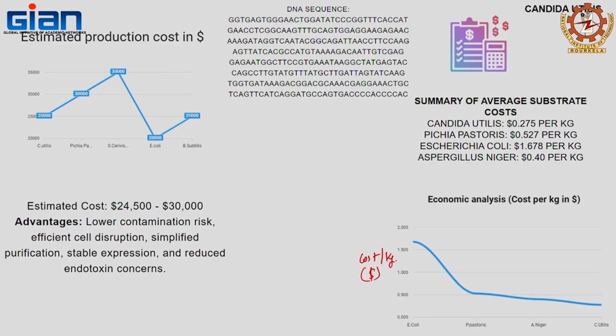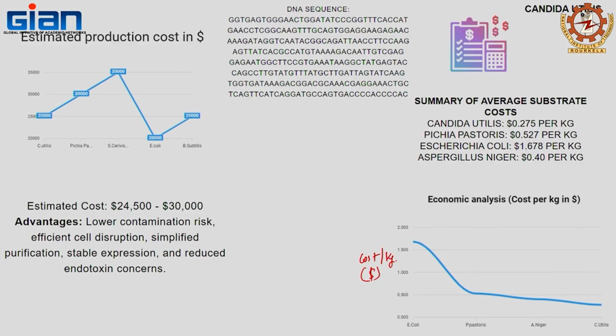And there is the economic analysis, which is cost per kg. We have considered three substrates, which are averaged, and in that aspect too, E. coli stands at the highest in substrate cost. And Candida utilis, due to its versatile growth conditions, can grow, as we discussed earlier, on waste products and those things, which reduces its production cost.